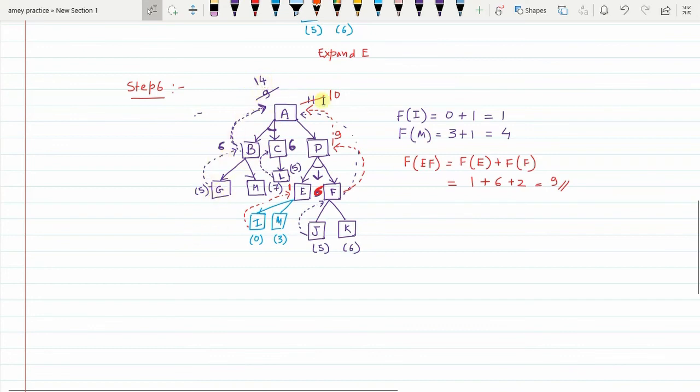So looking at 14 and 10, the algorithm decides to select this particular path for expansion. Since the f value through this path is 10, and through the other path is 14, 10 is better than 14. So at the end of this step 6, the algorithm decides to perform the expansion through I, because all these values have been backed up from I onwards, right?